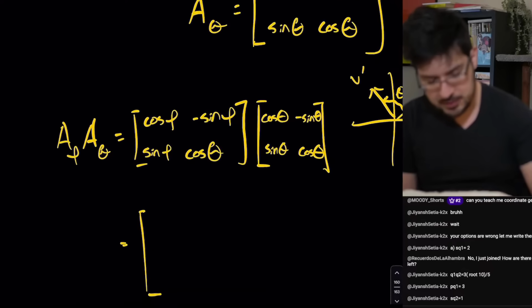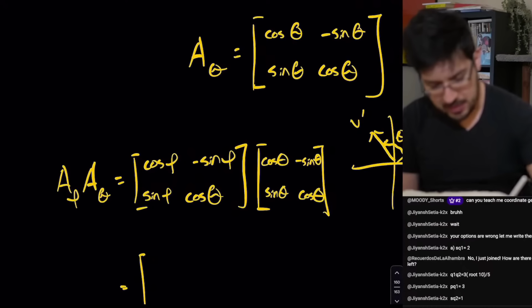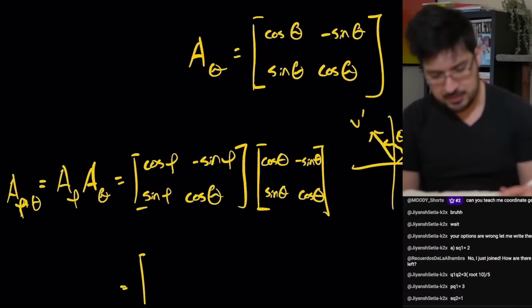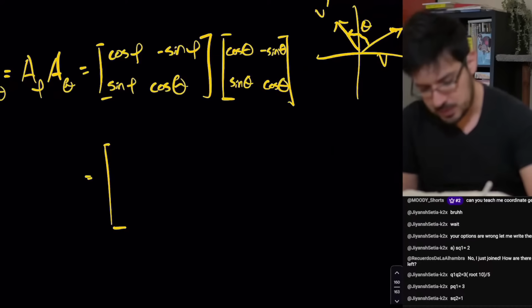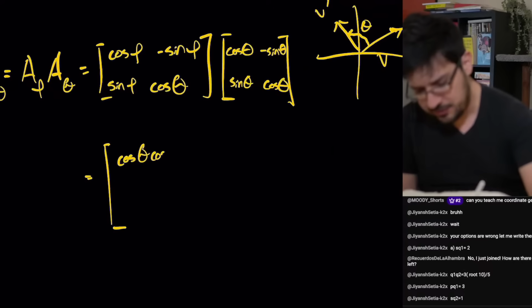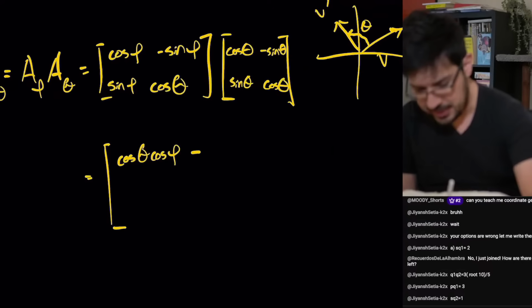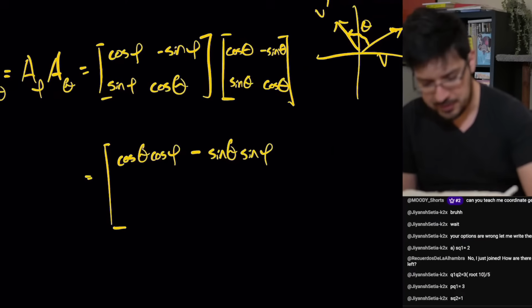And this would be the same as one larger rotation of phi plus theta, the same as rotating two times. So if we multiply these entries, we have cosine theta cosine phi minus sine phi sine theta. That would be the first entry.